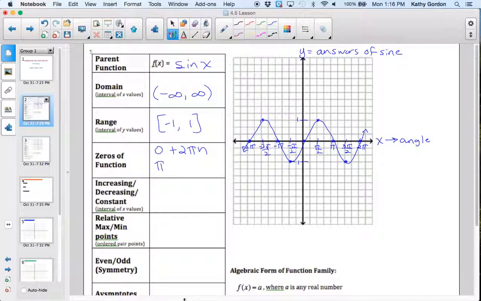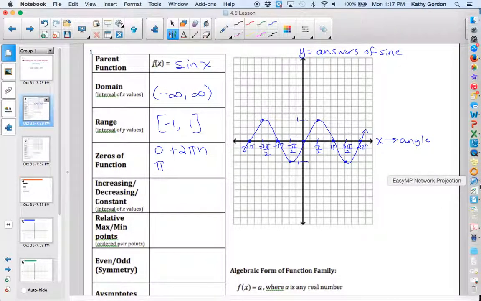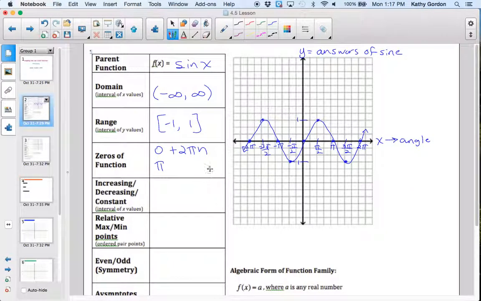If n is a negative integer, then we started rotating clockwise and n would keep going out this way. So if n was a 3, it means taking this and repeating it 3 times. If n was a negative 2, it would mean taking this and repeating it again to talk about what's happening there.